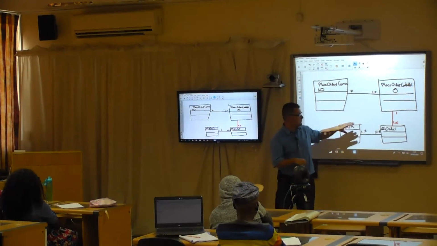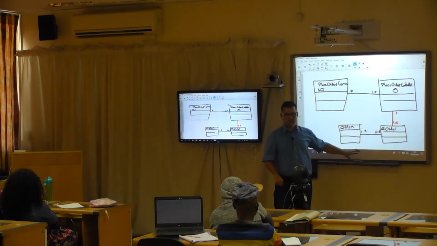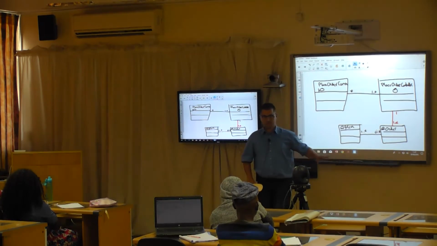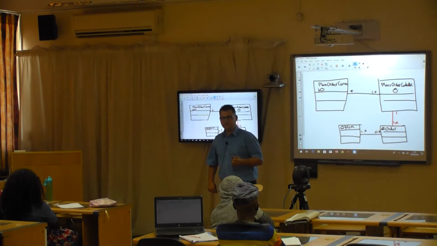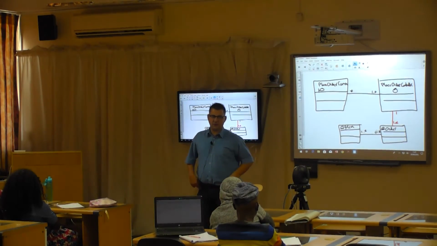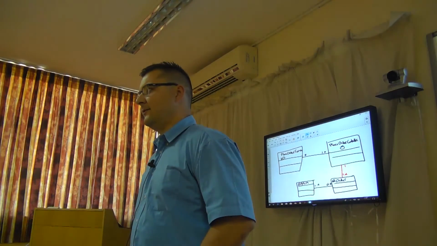Are we going to make a distinction between the different items and how we possibly handle them? We don't know enough about it yet. Okay. So it's one of the reasons why we don't see generalization. Any questions? Okay.